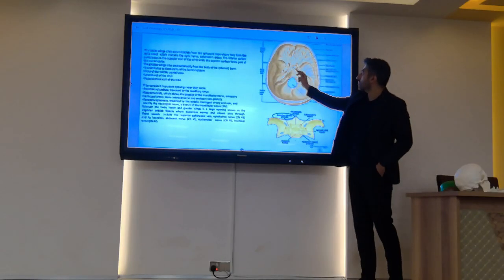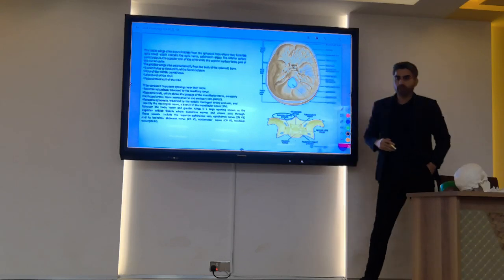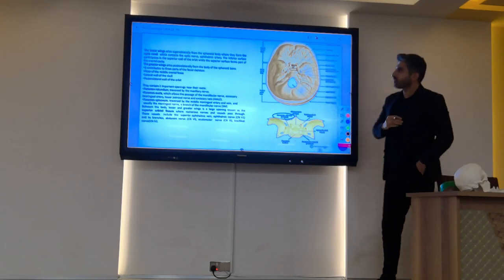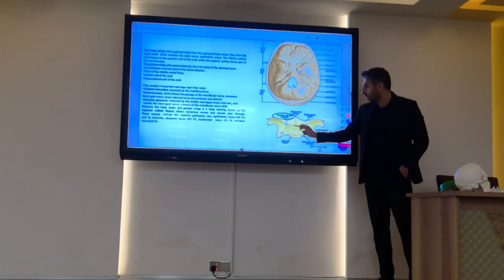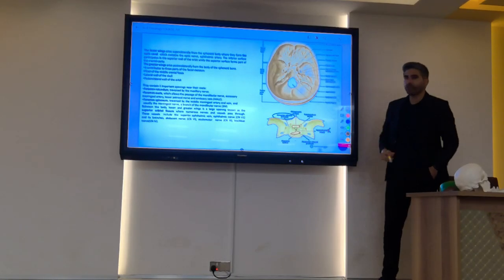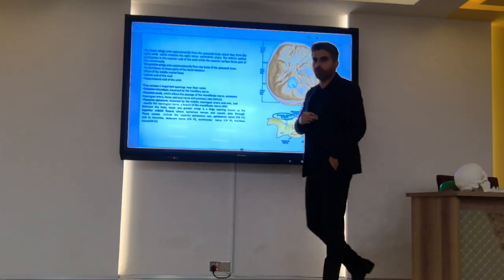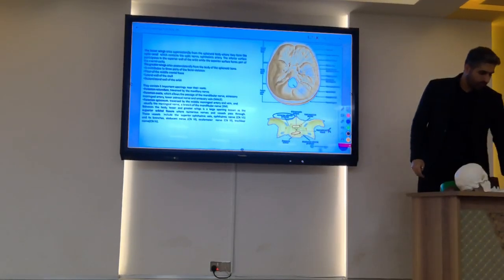This is sella turcica, this is dorsum sellae, and this one is tuberculum sellae. You can see the picture again. Tuberculum sellae, dorsum sellae, and between them is sella turcica. Sella turcica also you can call hypophyseal fossa, because the hypophysis is located inside of the sella turcica.